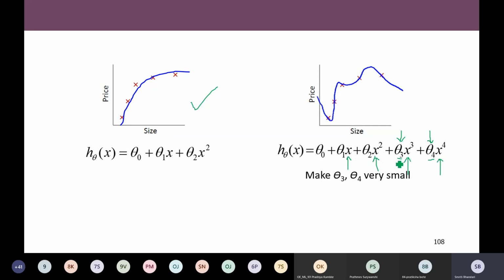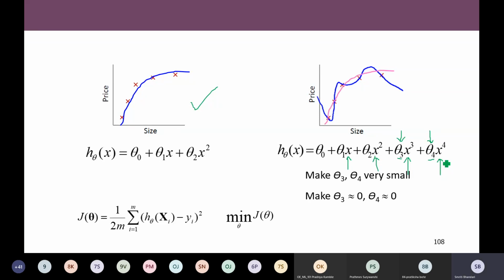So if a very small value of theta 3 or theta 4 is there, then obviously the contribution of the respective feature would be small. But still, we are keeping all the features. The contribution would be small, and we may come up with a function like this.